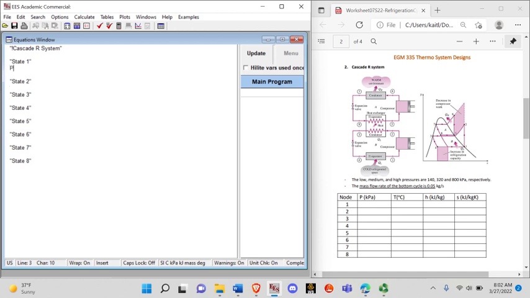So we know P1 equals 140 kilopascals, state 4, P4, then the medium pressure is 320. Looking at our TS diagram, we know that 3, 8, and 5 is the medium pressure.